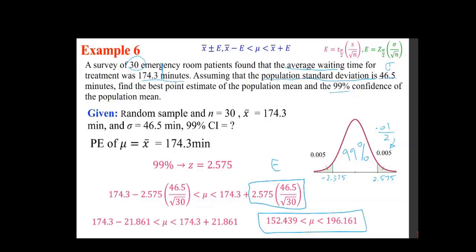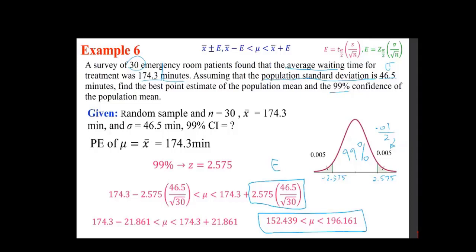I want you to tell me about the confidence interval. We are 99% confident that the average waiting time lies in the interval between 152.44 and 196.16.